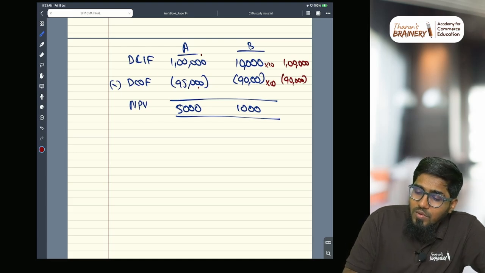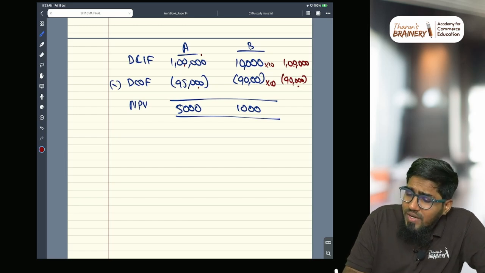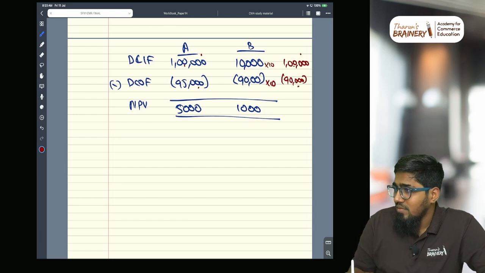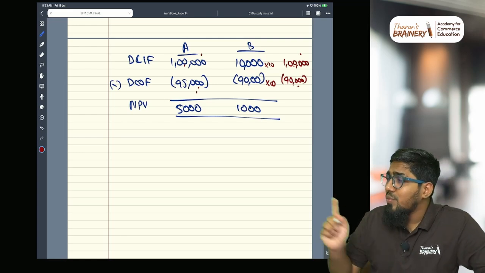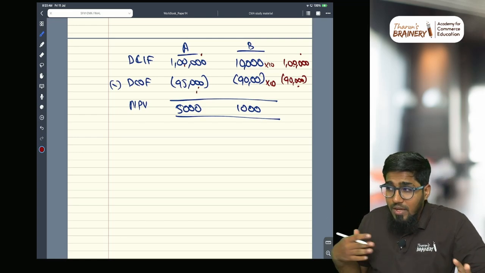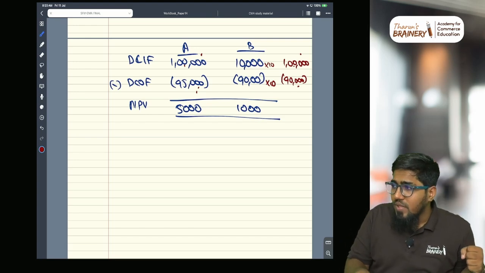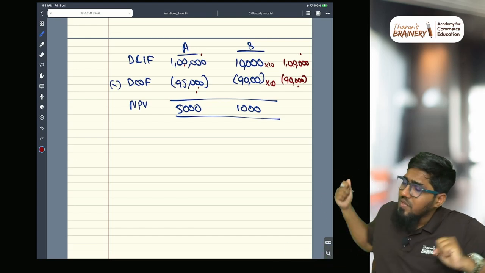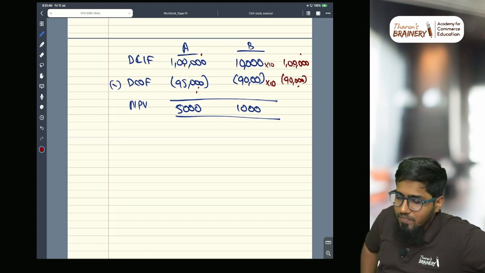Both are 1 lakh and 1 lakh, the same. Now assume if I use 90,000 I am getting 1 lakh rupees, and here if I use 95,000 I am getting 1 lakh rupees. Which is better, A or B? Investing 95,000 rupees and getting 1 lakh rupees, or investing 90,000 rupees and getting 1 lakh rupees, which is better? A or B?